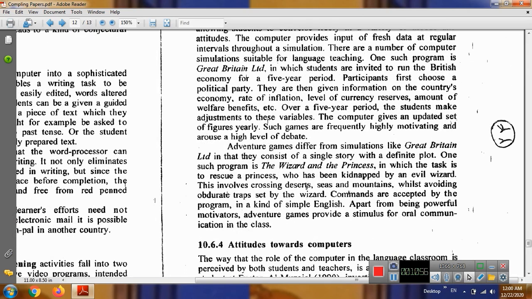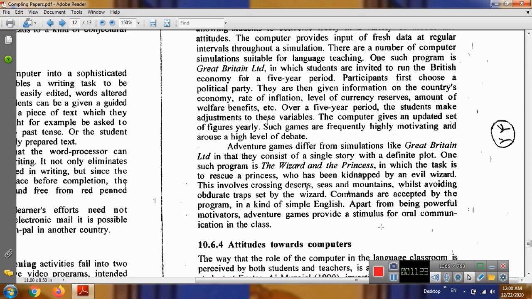Adventure games differ from simulations like Great Britain Ltd in that they consist of a single story with a definite plot. One such program is the Wizard and Princess, in which the task is to rescue the princess who has been kidnapped by an evil wizard.